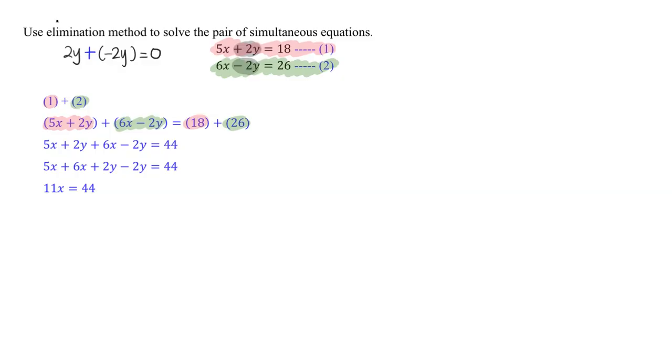And finally, divide both sides by 11 to give me x equals 4. Okay? So now I have my x equals 4.